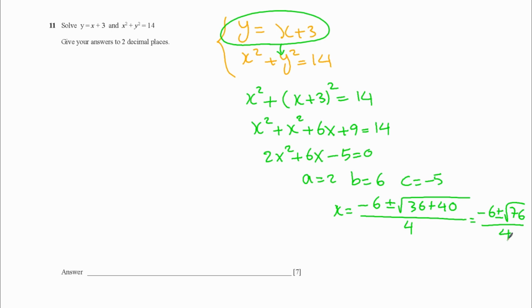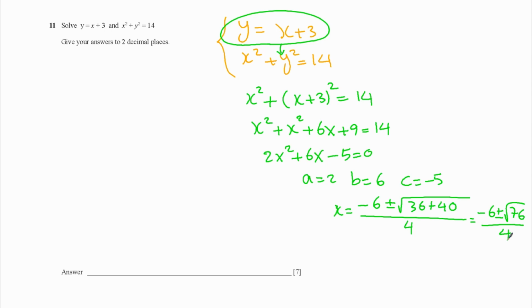76 would be 19 times 4. And we can write it as 2 square root of 19. Before doing that, because I have come to a point where I have a number that is not a whole number, I want to have a quick check on the solution.